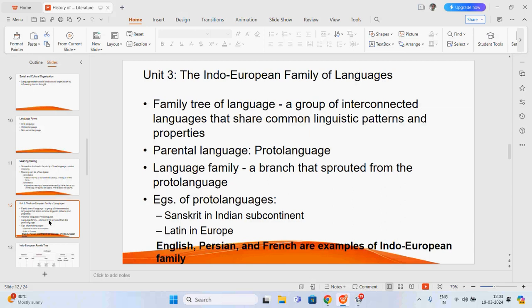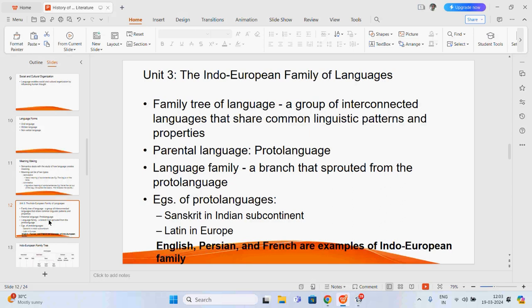From that proto-language, there will be various other subgroups. So a language family is a branch that sprouted from the proto-language. Two examples of proto-languages are given on your screens. One, Sanskrit, which is the proto-language of the languages in the Indian subcontinent, and Latin, which is the proto-language in Europe.